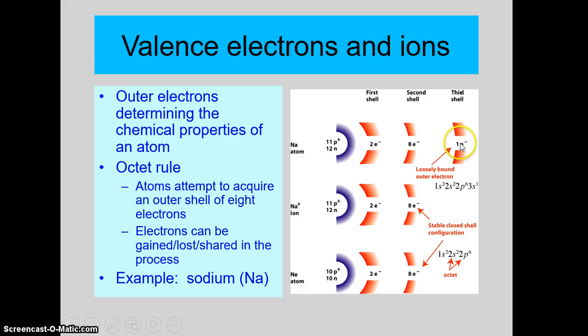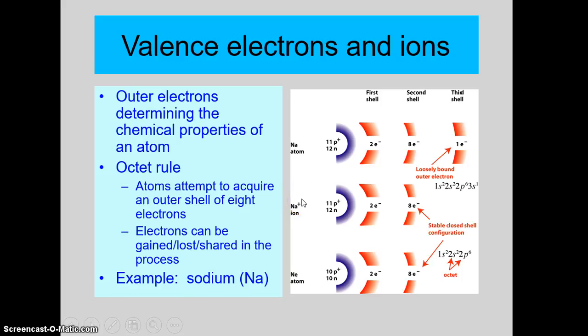In fact, all metals, sodium is a metal. Of course, it's on the left-hand side of the periodic table, and so all metals tend to lose electrons, and when they do, they become positively charged. And so notice we have the sodium. This now becomes what's called an ion because it's charged.